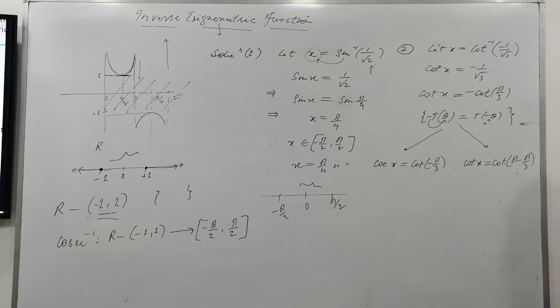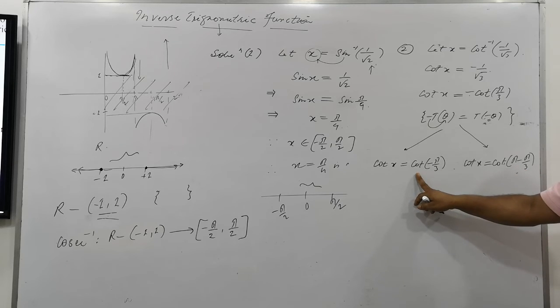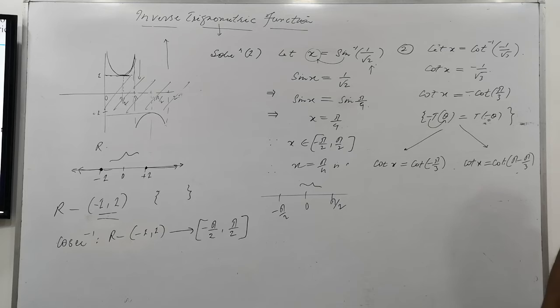Which quadrant is this? Second. Is cot positive or negative in the second? Negative. So cot of pi minus pi by 3 can be transformed into this, and in the fourth quadrant cot is always negative; only in the second is it positive.